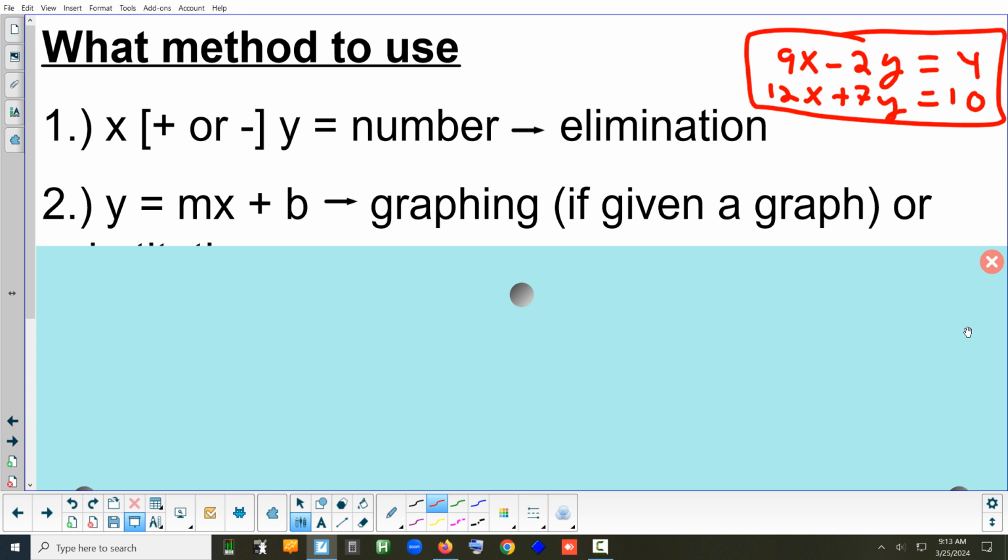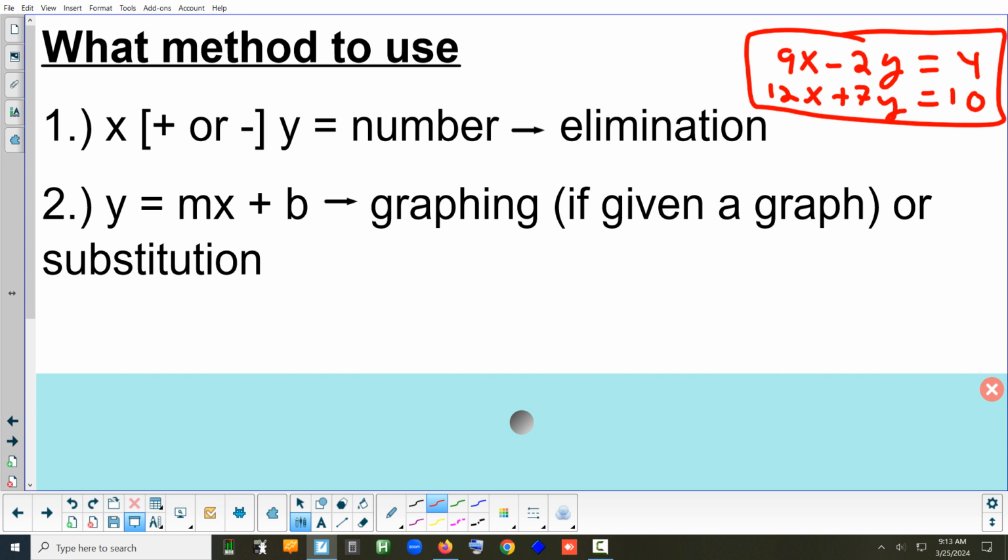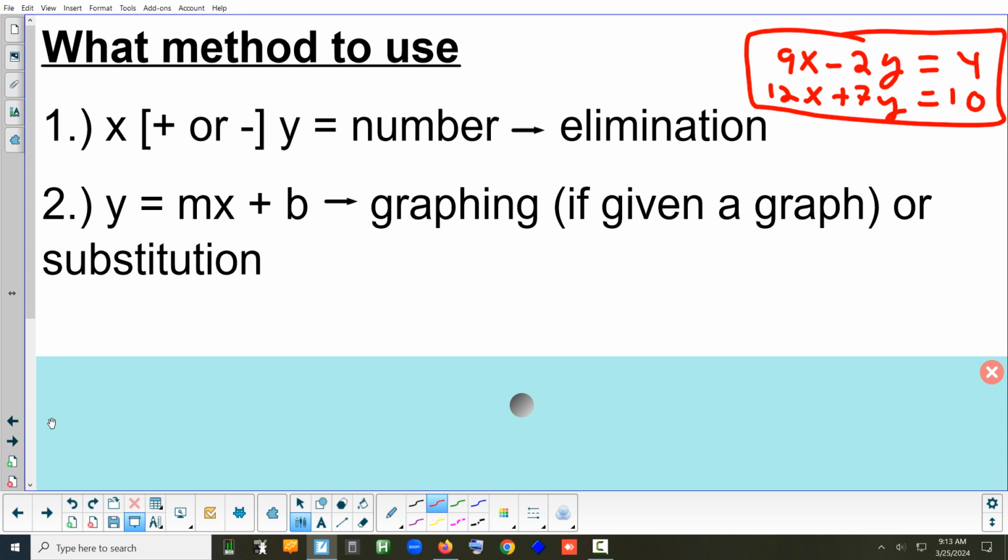And the directions would probably say graph. Okay, so you could do either method. If it's in y equals mx plus b form, we'll graph it if they give us graph paper. If not, we'll do substitution.